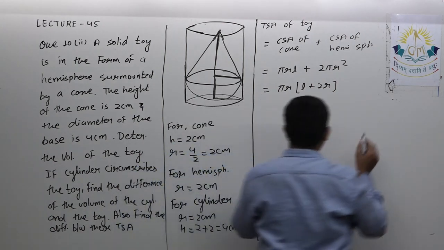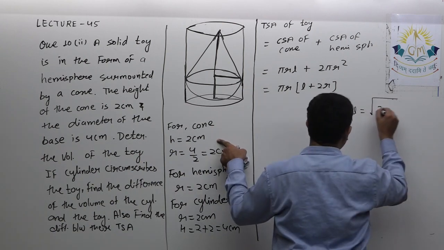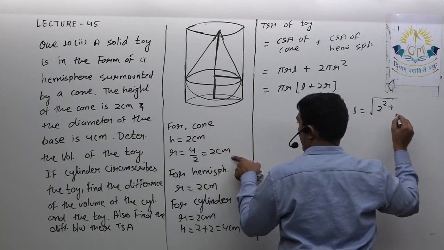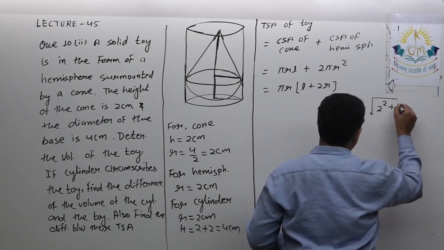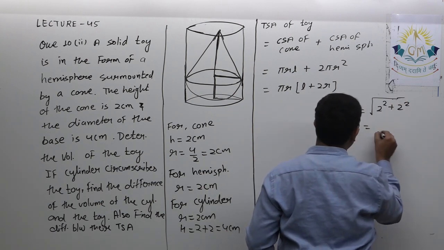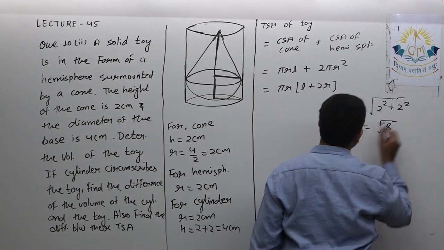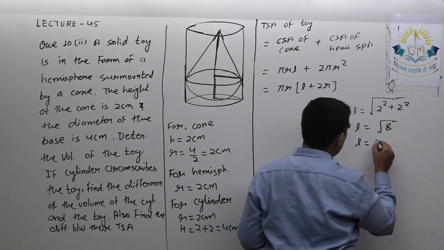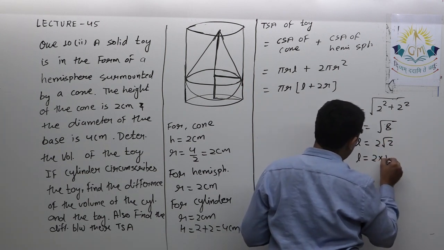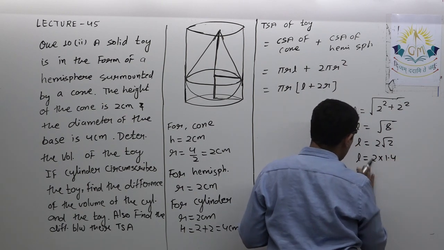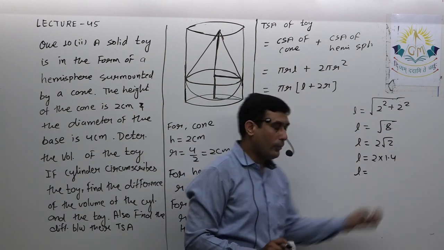Now, what is L here, that we have to find. L is root of r square plus h square, that means 2 square plus 2 square, root of 8, so L is equal to 2 root 2. In decimal, L is 2 into 1.4, taking the smallest value of root 2, 1.4 only.